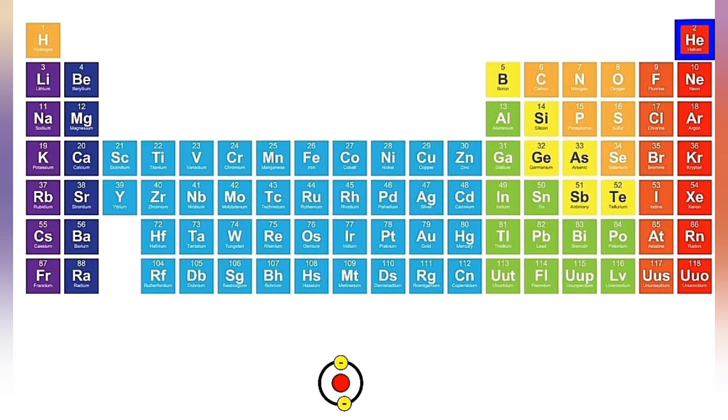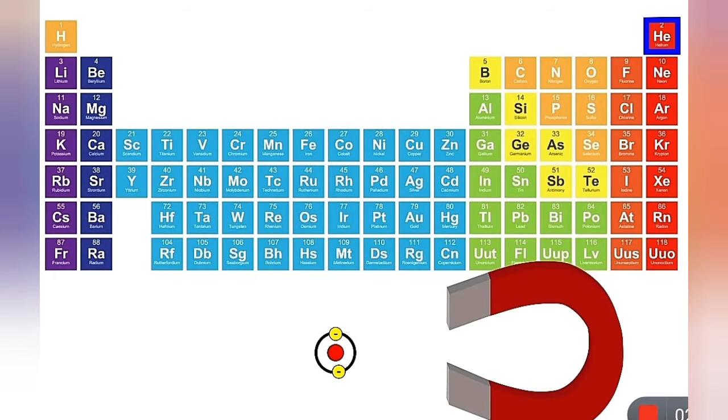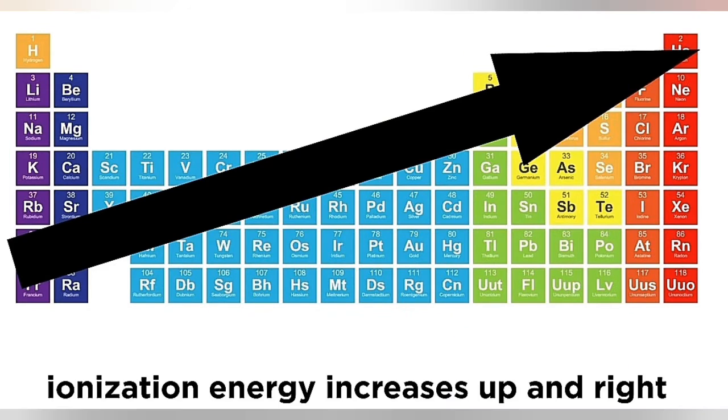Looking at the opposite corner at helium, there is only one shell, so the electrons are very close to the nucleus and the shell is full, so it's very stable. For this reason, it requires much more energy to ionize helium. So, the ionization energy increases going this way.